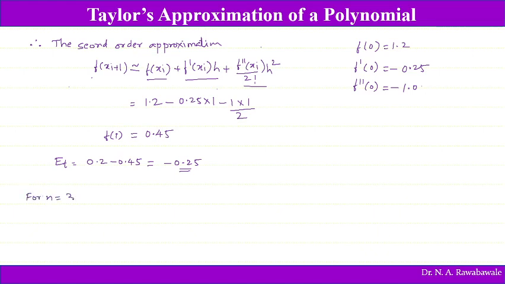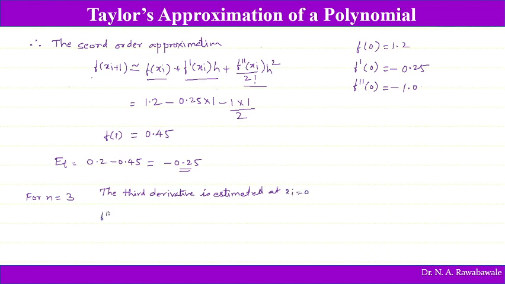So now for n is equal to 3, now the third order or third derivative is estimated at xi is equal to 0.